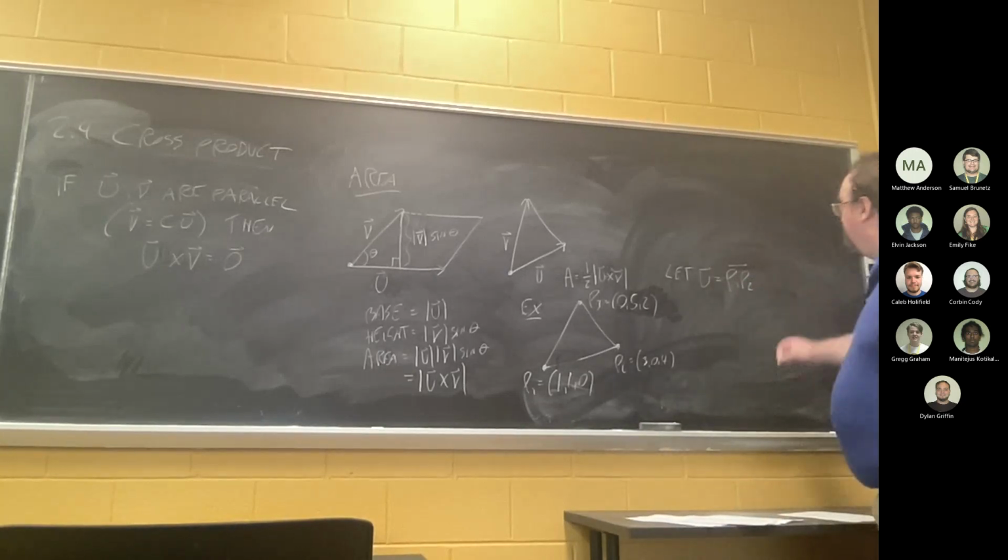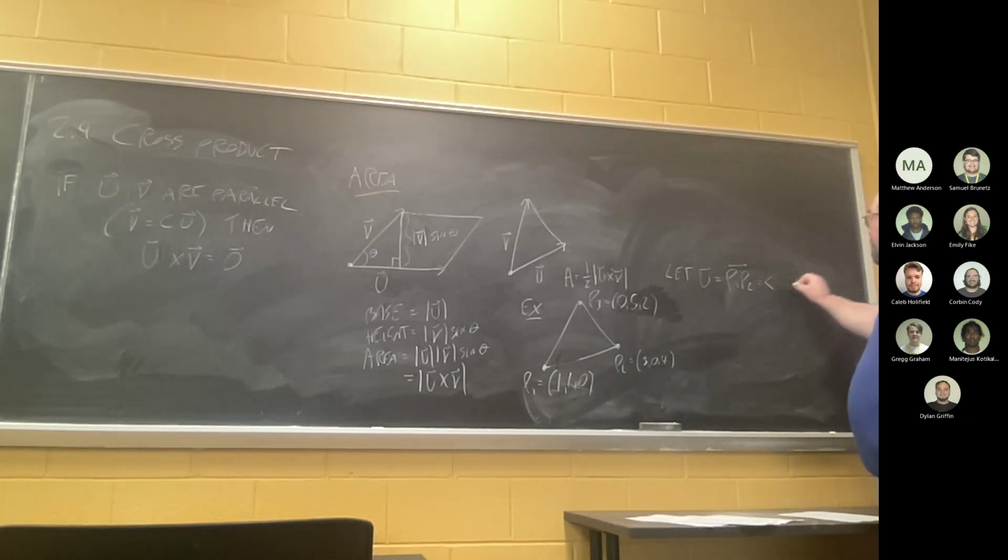What would the components of the vector from P1 to P2 be? Yeah, 2 minus 1, 4.